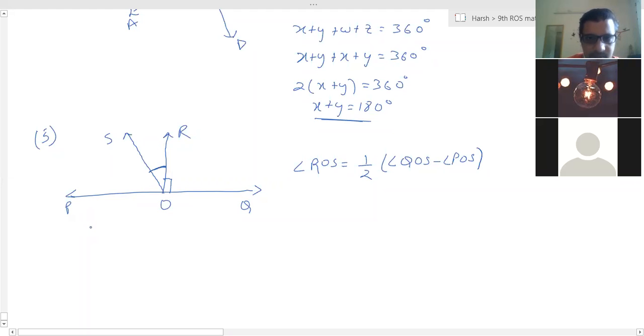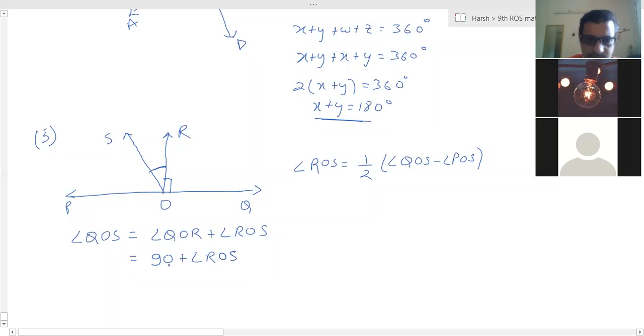So first angle QOS we can write as angle QOR plus angle ROS. That is 90 plus angle ROS.